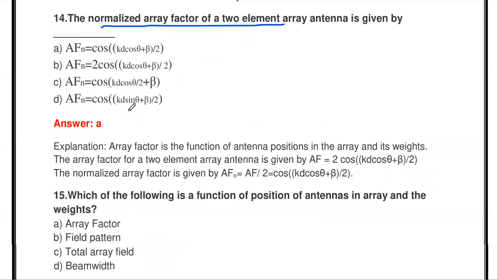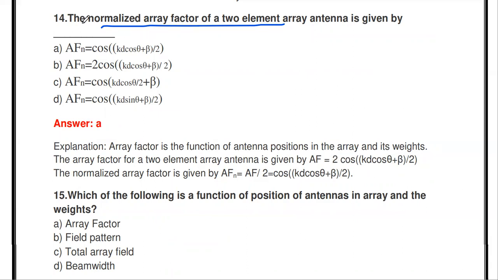The array factor for two elements is given by 2 cos of (k d cos theta plus beta) divided by 2, where d is the distance between the successive antennas, theta is the angle, and beta is the progressive phase shift applied to that array. If it is a two element antenna, n is equal to 2.